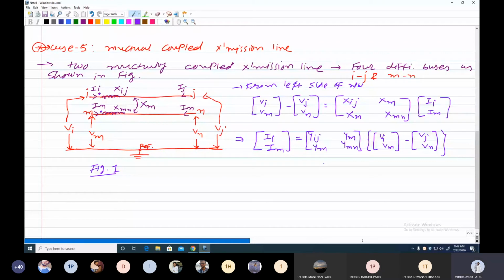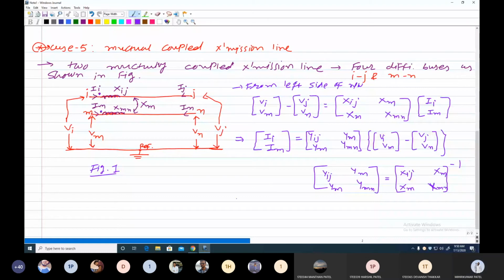You can write that this matrix Yij, Ym, Ymn is equal to the inverse of the matrix Xij, Xm, Xm, Xmn. So it is nothing but the inverse of X, which will give you the admittance matrix for this network. Clear?